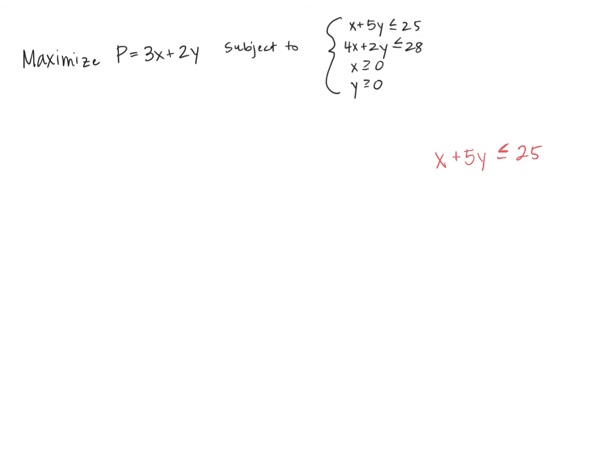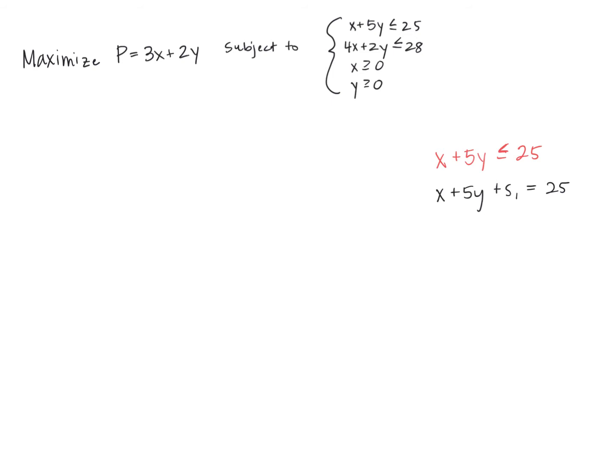So we could say, let's say we added some amount s. That would now make these two be equal instead of the left-hand side being less than.